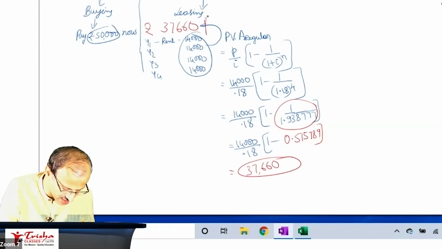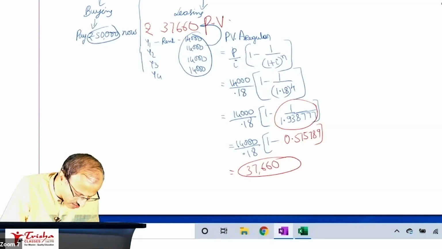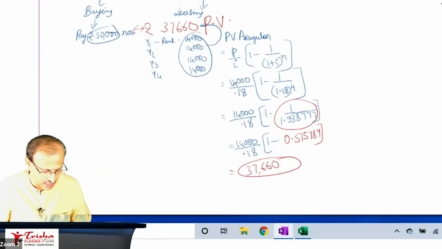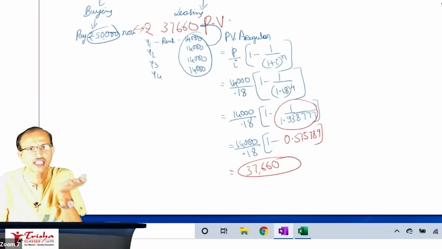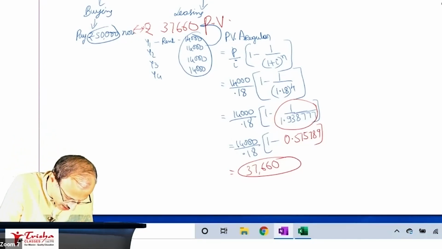I'll write present value. Tell me, earlier we could not compare it. Now can you compare? Because that also is now present, this also is now present.